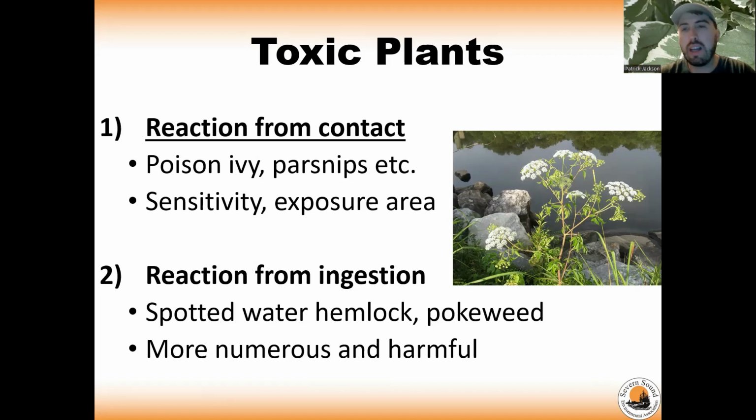So that's primarily what we're going to be focusing on. Venomous is usually something that's injected, so that's the type of thing that we talk about with snakes, spiders, but certainly there are other things that are venomous. But for today's talk, we're not going to be really referring to venomous things. It's primarily going to be poisonous or toxic plants.